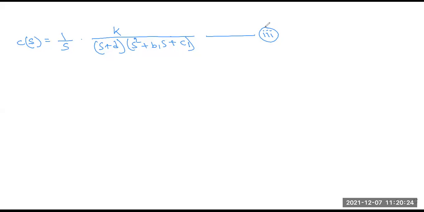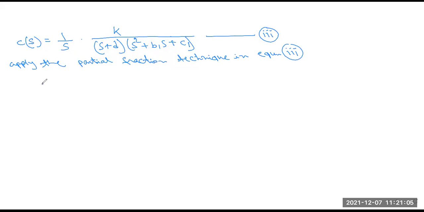So this is basically equation number 3, when you apply the unit step response to the third order control system. For this equation 3, we have to apply the partial fraction technique.